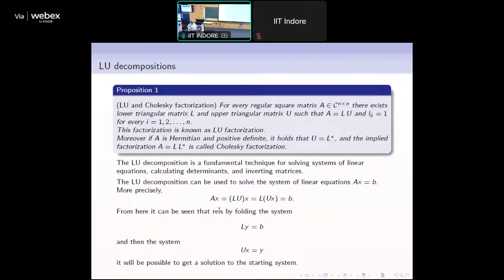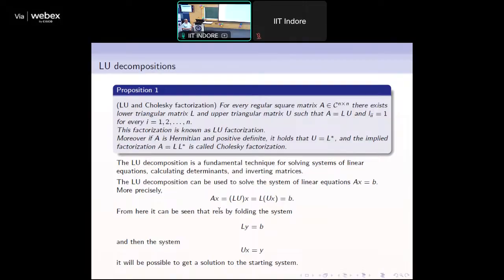And U is an upper triangular matrix. If we have the LU decomposition of matrix A, then we can solve the system AX equal to V using two simple linear systems. Two systems, but much simpler.